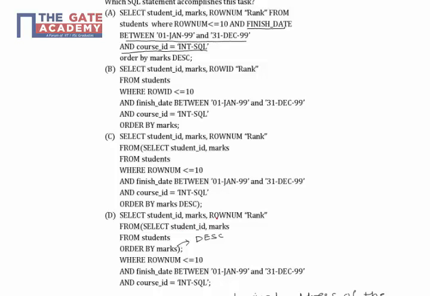So by the time outer queries select the rows, the rows are already sorted by marks in descending order, and if we take first 10 rows which matches the given criteria, we will have the desired rows. So the correct answer to this question would be option D.